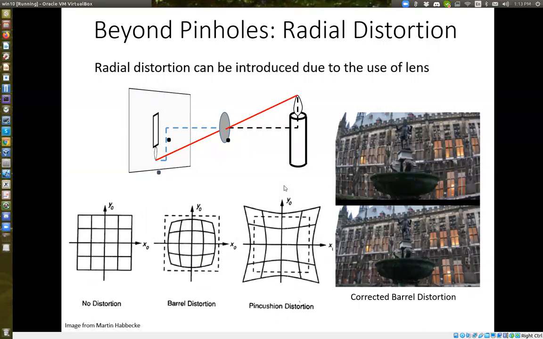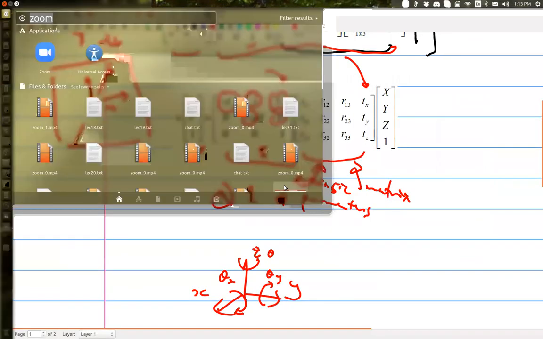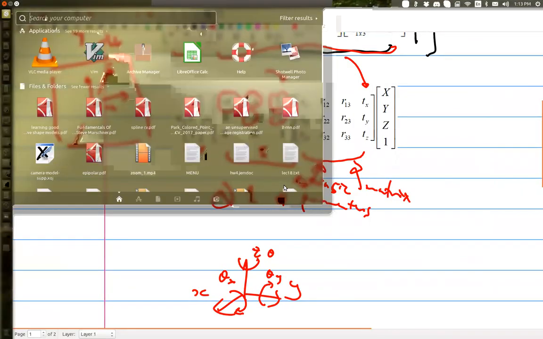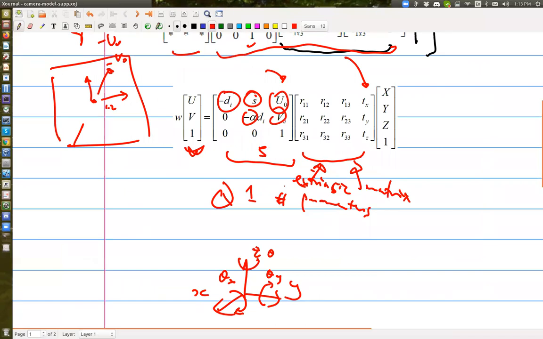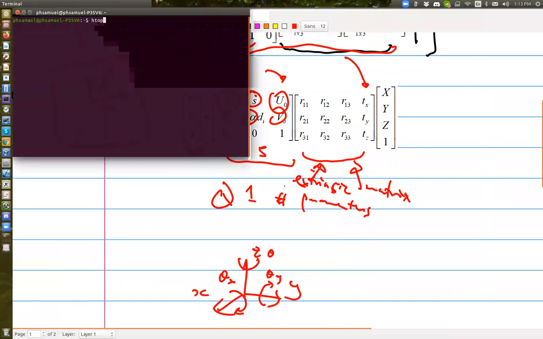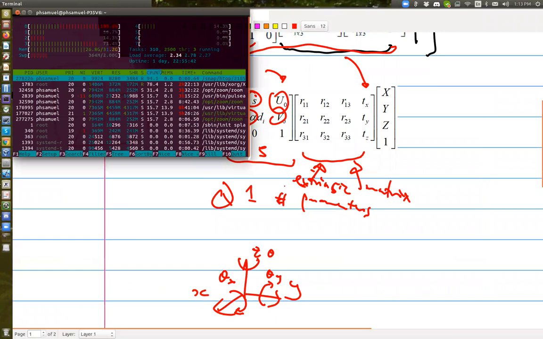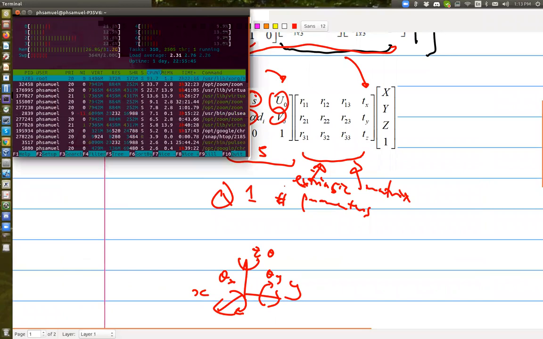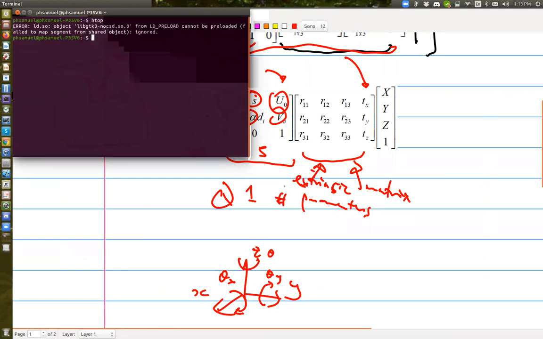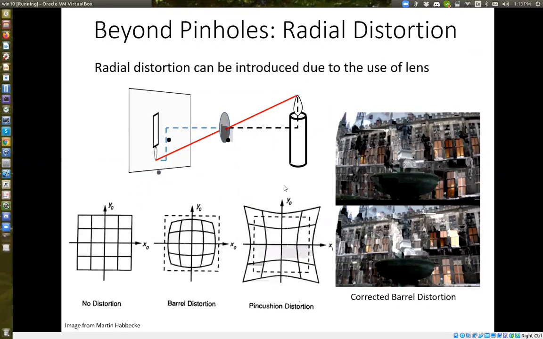Let me take a look quickly. There's not much I can queue anyway.